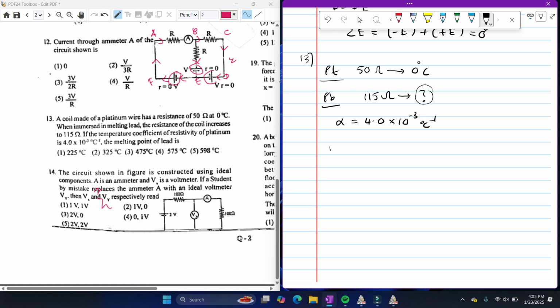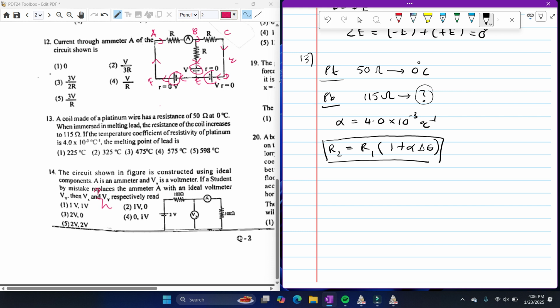We know that resistance in the two scenarios is related by R2 equals R1, the initial, into 1 plus alpha delta theta. This is the major equation that we are using here, right?